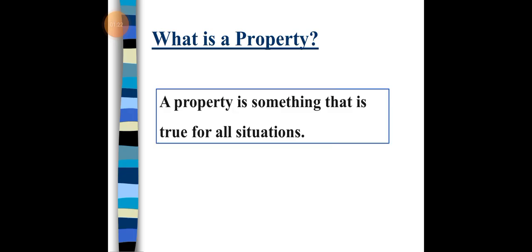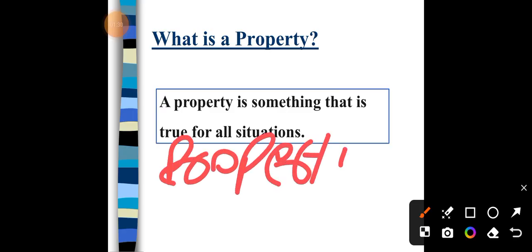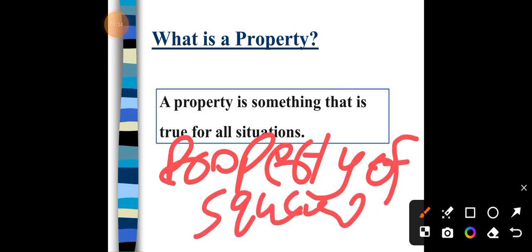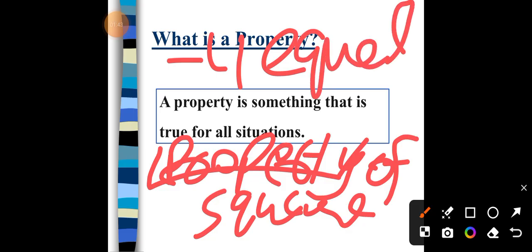That means property of a square, like if I write here, okay, this is what I wrote. That means property, that if I say it has four equal sides.